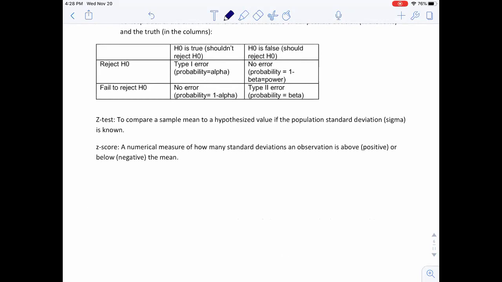And it just tells us how many standard deviations we are above or below the mean, right? So if it's positive, we're above the mean. If it's negative, we're below the mean, right? And so what we said was, as a rule, any z that's more than 2 units away from 0, right, plus or minus 2, we reject H naught.